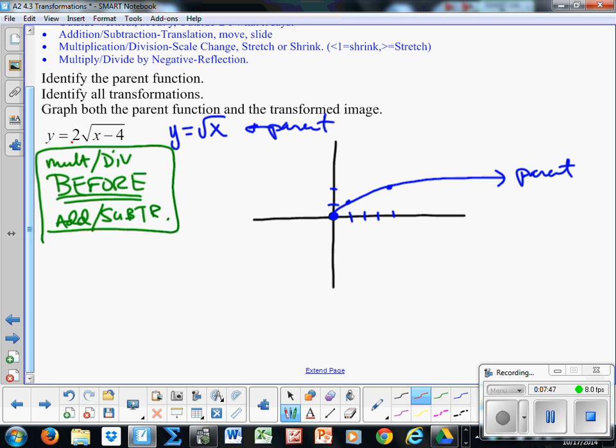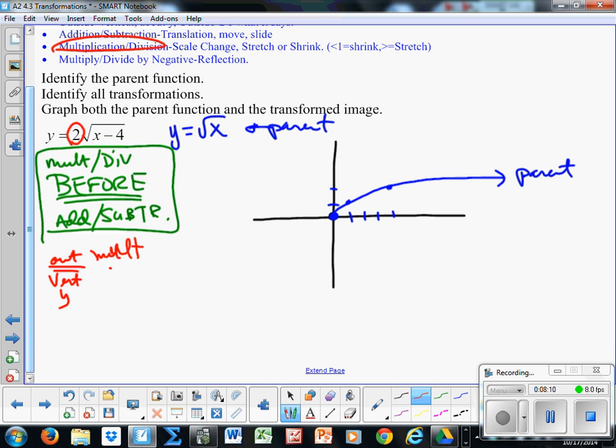Okay, so I'm seeing this 2 out here and it's multiplying. Okay, so anything dealing with multiplication or division is a scale change, a stretch or a shrink. This 2 is on the outside. This 2 is connected by multiplication. Okay, so if it's on the outside, it's vertical, or it's about y.